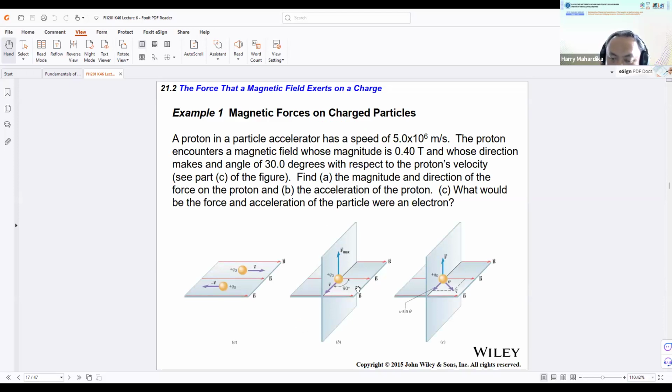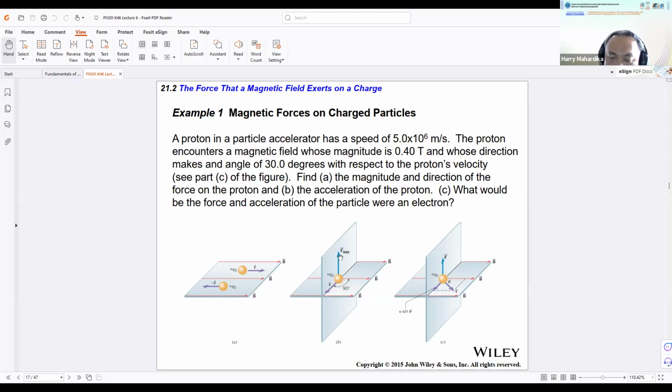So if V and B are at 90 degrees, we will have the maximum value of the magnetic force.